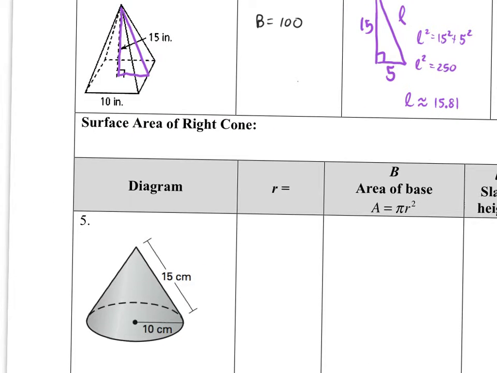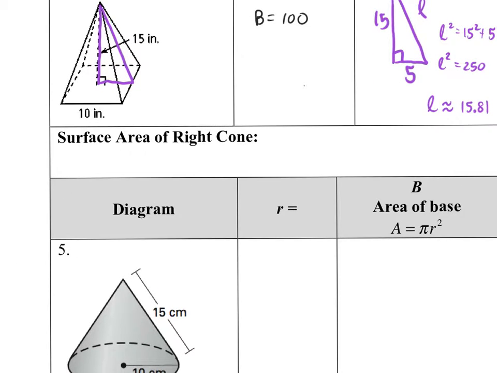Okay, now the surface area of a right cone turns out is exactly the same, except that we are going to substitute circular stuff in. The area of the base plus 1/2 PL. But we know that the area of a base is pi r squared.